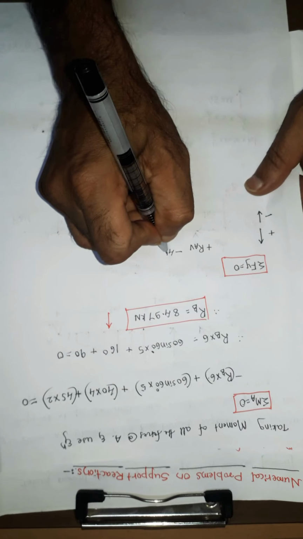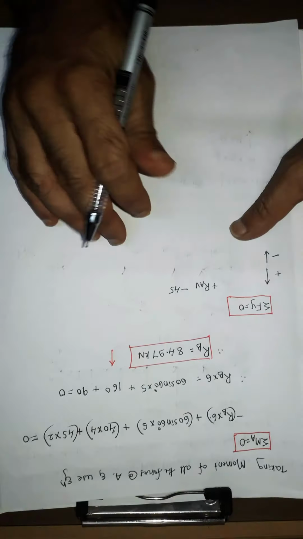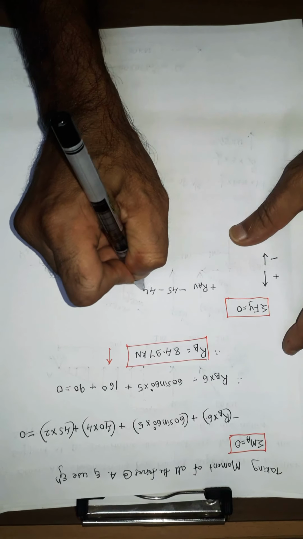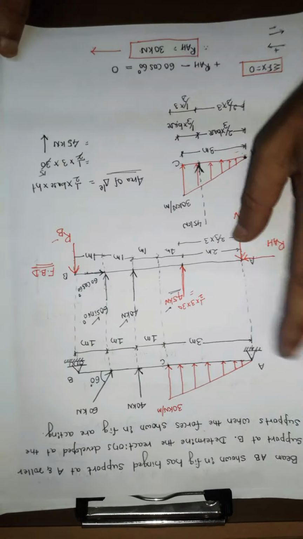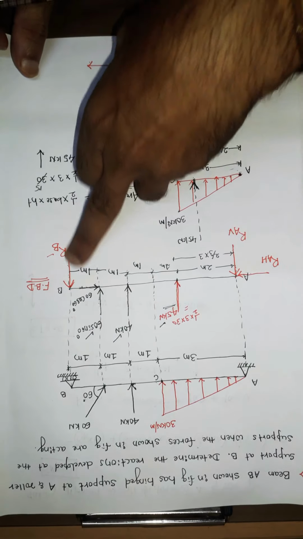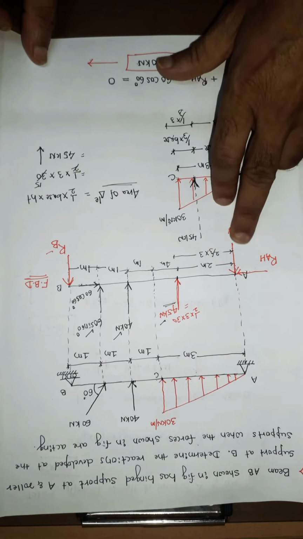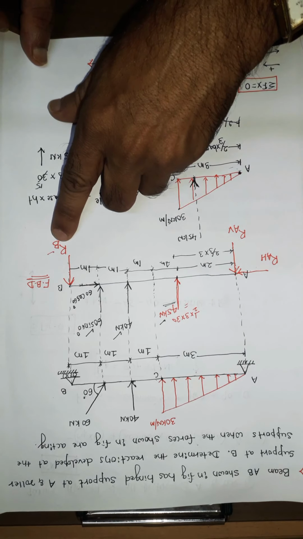So minus 45, this is downward, minus 40, and minus 60 sine 60, and this will be plus RB. As per the sign convention, it is plus RAV plus RB, then the remaining three will be minus.